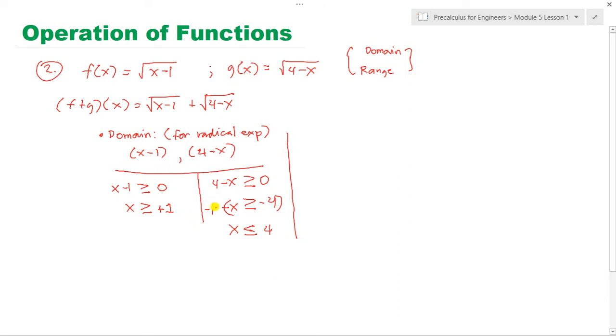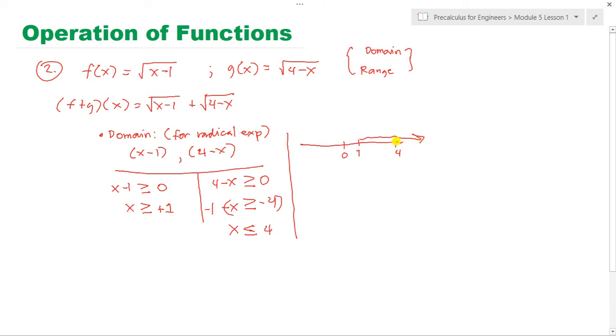So it is between 1 and 4. So here in our number line, it means that greater than 1, so this is 0, this is 1, this is 4, so greater than 1 going towards positive infinity.